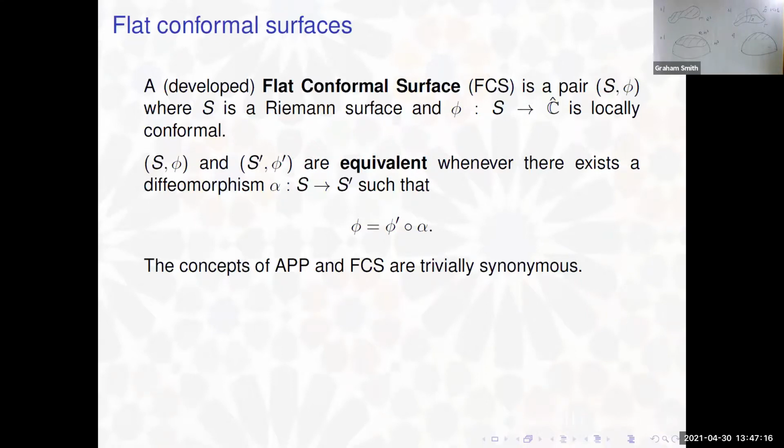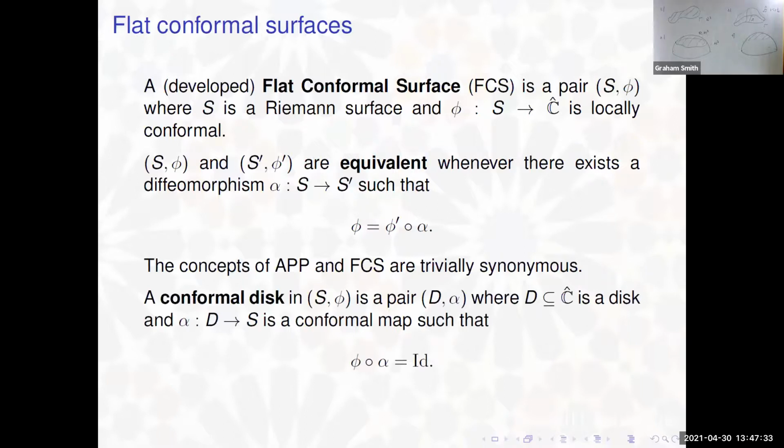Asymptotic Plateau problems and flat conformal structures are trivially synonymous. I didn't want to introduce flat conformal structures at the beginning of the talk so as not to confuse you. But from now on, we're going to accept that an asymptotic Plateau problem is the same thing as a flat conformal structure. These things were studied considerably by Kulkarni and Pinkall in the 80s and the 90s.